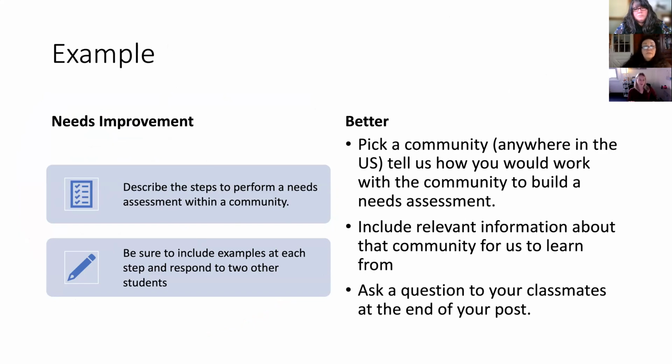Maybe their examples are a little different, and they're forced to respond to 2 others. I've tried to look for research that supports why we should respond to 2 others, and there is not much out there on that. I think it's an arbitrary number we pulled out of a hat at one point. So it's interesting that we continue to follow that. What could be better is maybe picking a community.